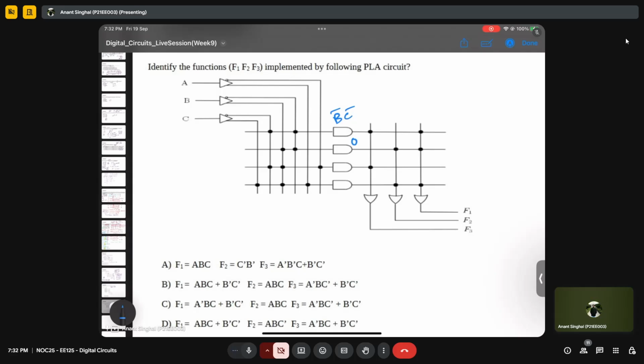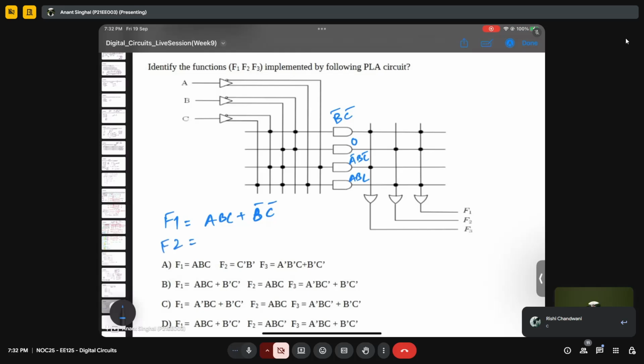A C bar B, A bar B C bar. This is ABC. Okay, so I'm just writing F1, F2, F3. This is actually very easy. So F1 is 1 at 0, so B bar C bar and ABC. So ABC plus B bar C bar.